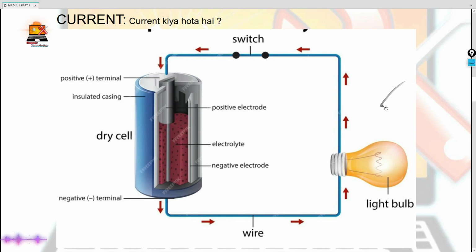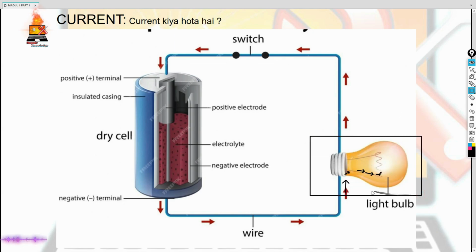Then you can see right here, this arrow is shown. This is our negative electron. They are going to run towards the positive, but what is in the middle here? You have given the load of this bulb.